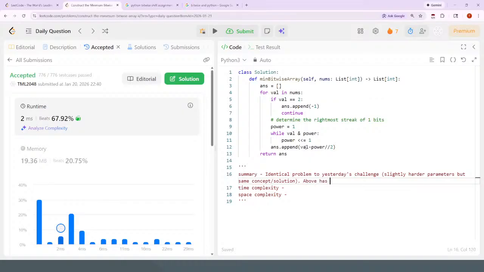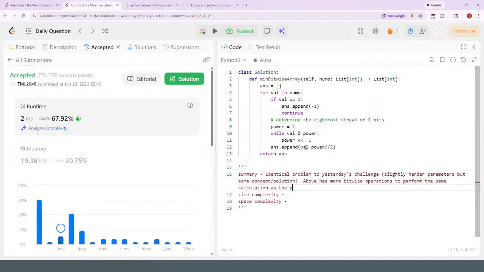The solution above has more bitwise operations to perform the same calculation as the previous version in order to slightly improve performance, or maybe just get a random variation of the runtime such that it is luckily faster.